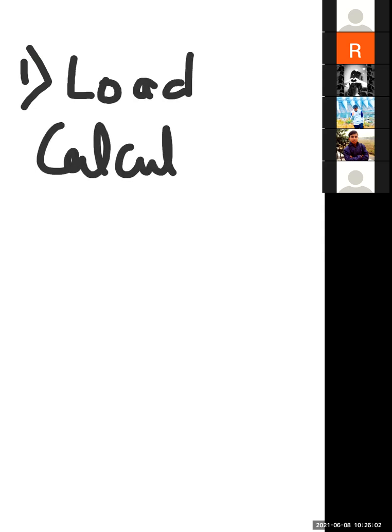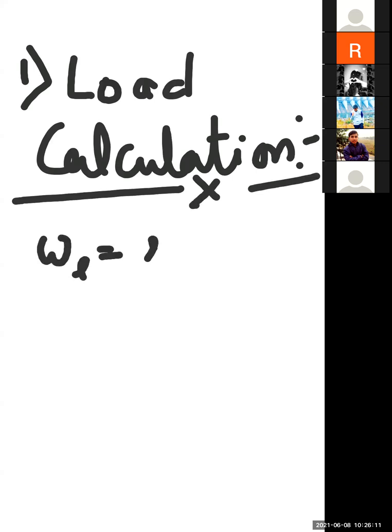Load, where we know the live load is 20 kilonewton per meter, but here the self weight of the beam is not included.